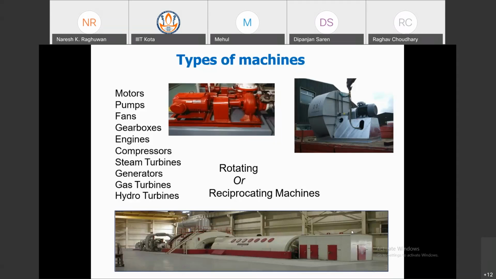But in other machines the gearbox is also required. Compressors, steam turbines; some pictures I have shown below. This is a steam power plant, a thermal power plant. There are steam turbines, electric generators, gas turbines, hydro turbines, rotating and reciprocating machines. These are the basic machines in any industry.